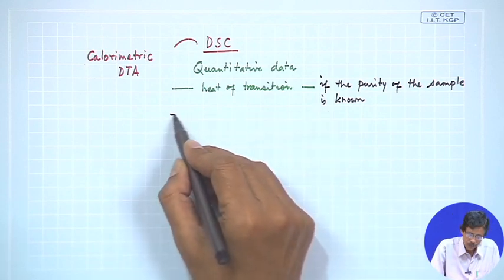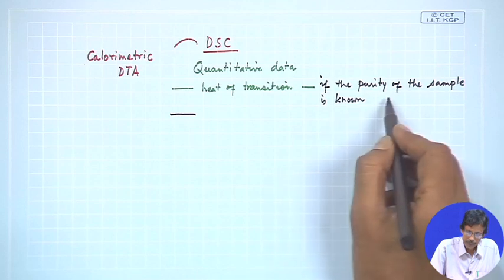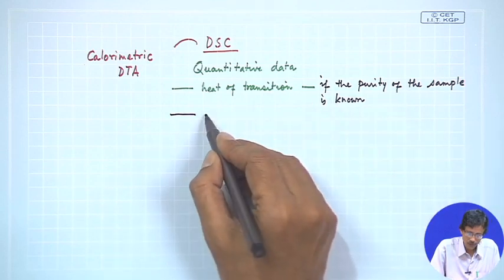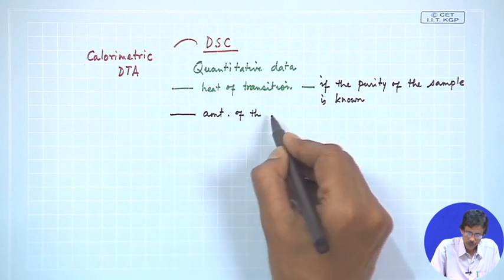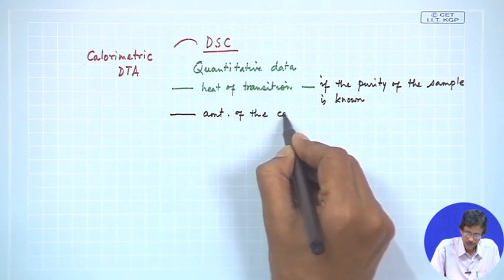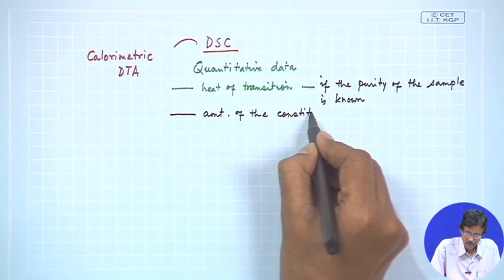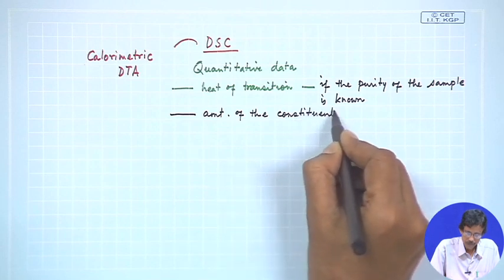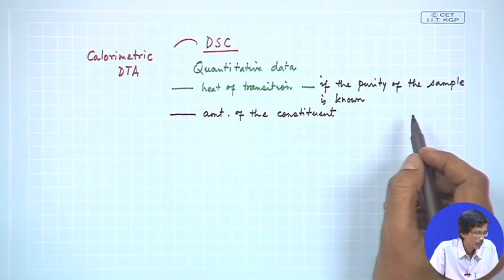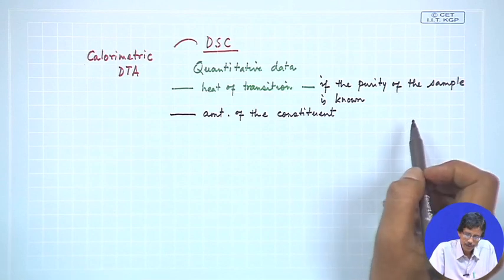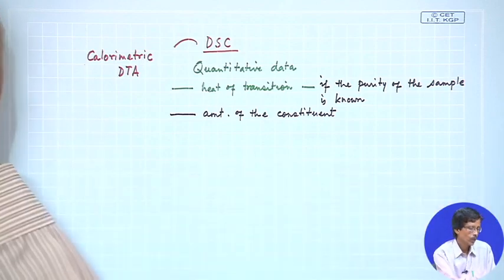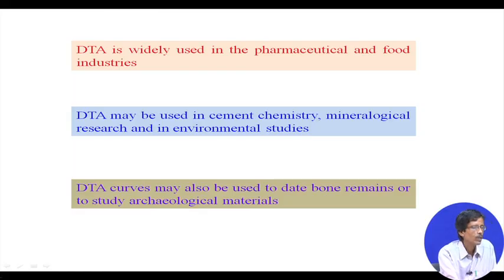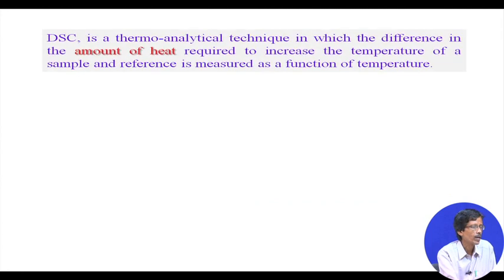So, then if the sample purity is related, then the amount of that particular constituent we can find. So, all these things which were not very much controlled in case of DTA, we can monitor by taking this particular furnace to a calorimeter.